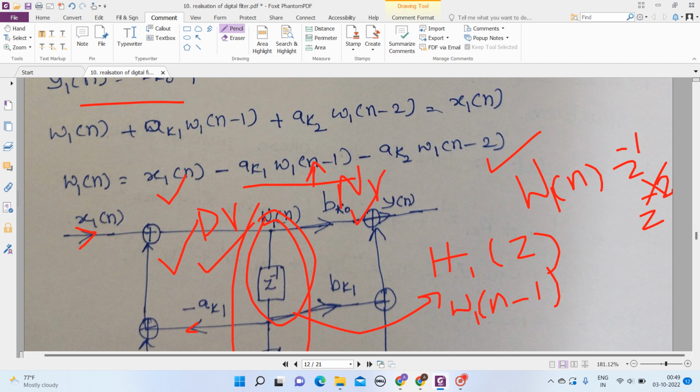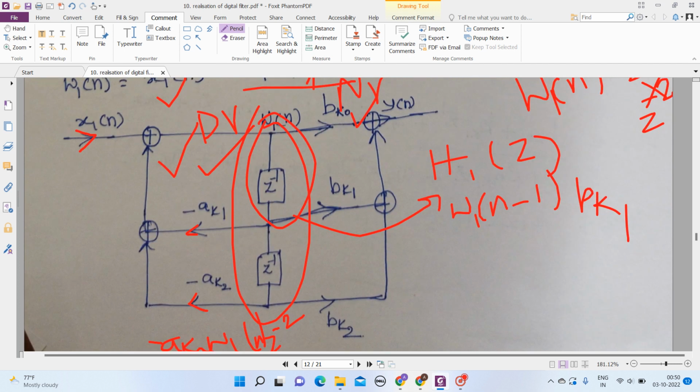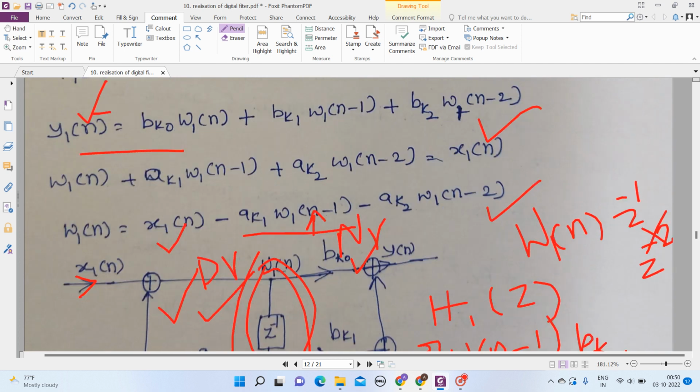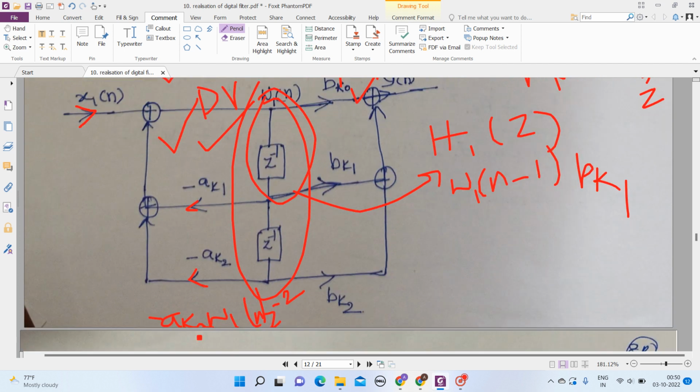So W1 of n minus 1 is multiplied by b subscript k1, and this is added with W1 of n times bk naught. Similarly, bk2 is the coefficient of W1 of n minus 2, and this term is added with these two terms. Finally, I will get this equation. That's all, right? This is the direct form 2 structure of H1 of z.